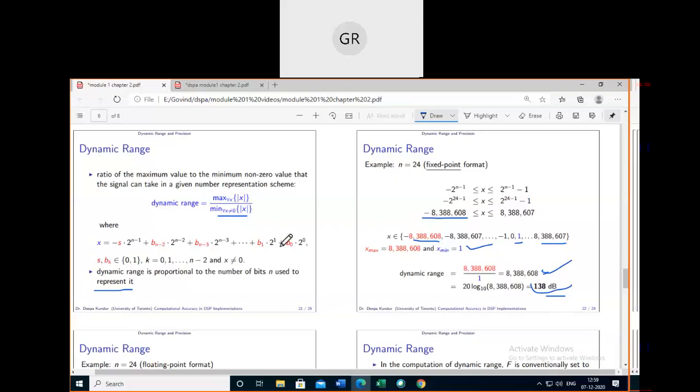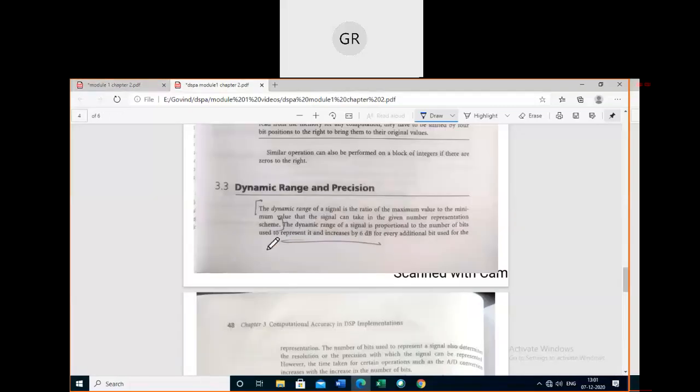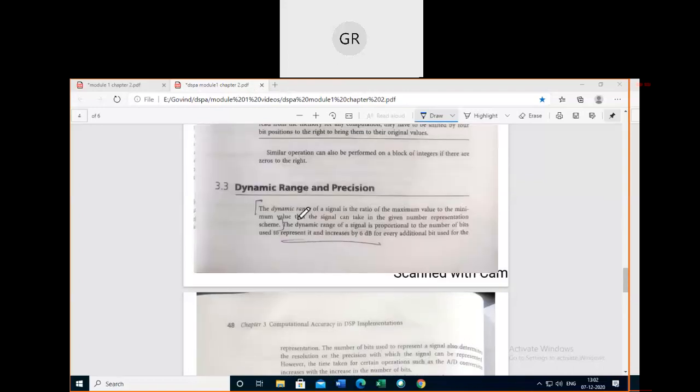But in your textbook they have given that the dynamic range of a signal is the ratio of maximum value to the minimum value that the signal can take in the given number representation scheme. In the textbook they have given how we can calculate the dynamic range.